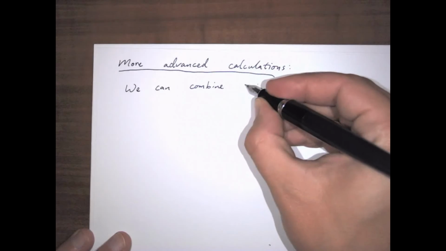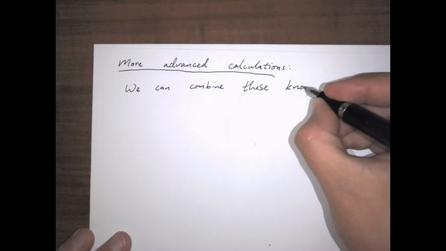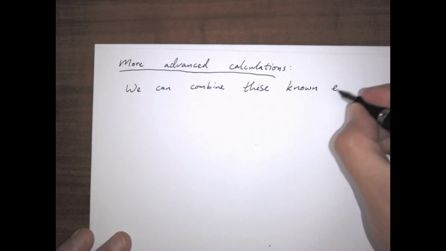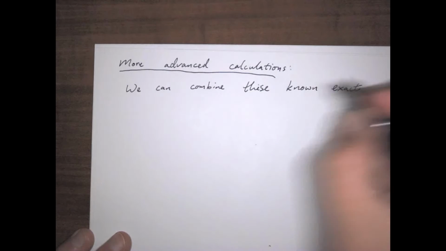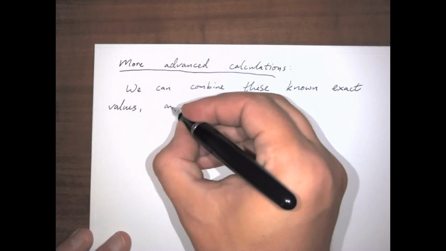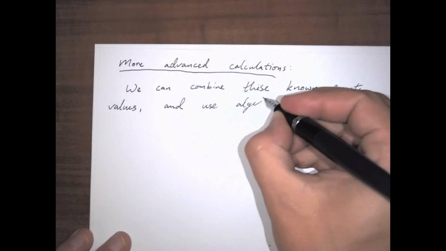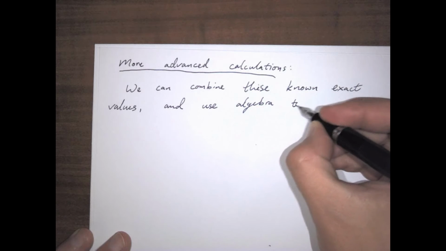We can combine these known exact values and use algebra to simplify.